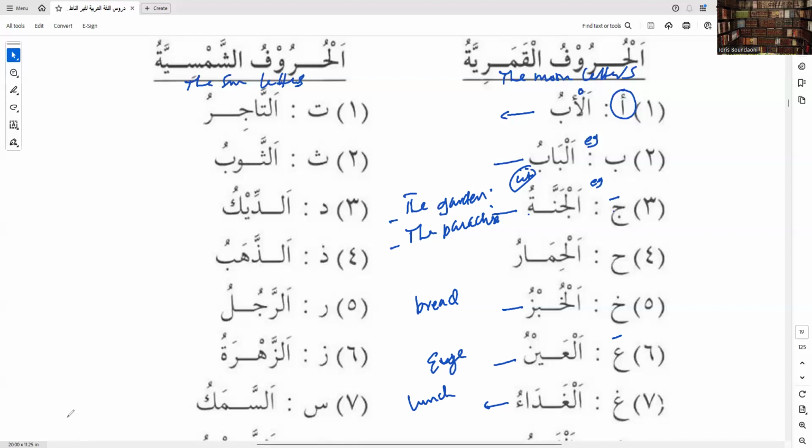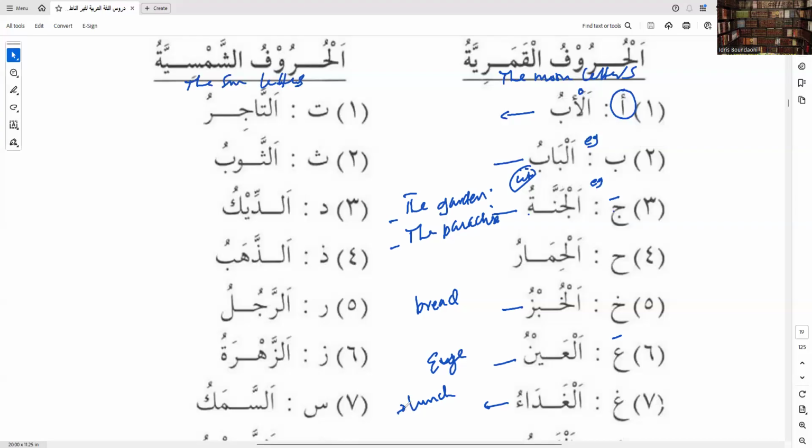So if you haven't eaten your lunch, go get it. Al-ghada. It can be lunch. And they say it's a wajba, right? It can also be awwal an-nahar, early in the daytime.